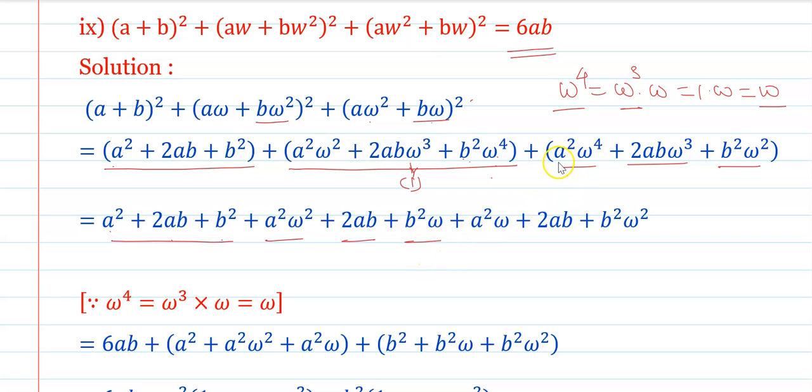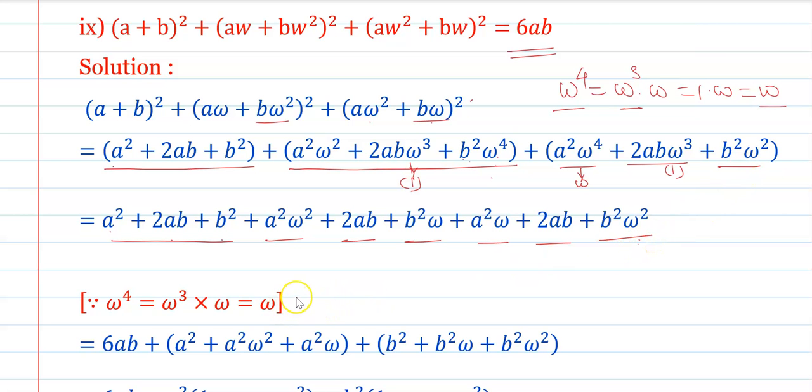Okay, next again a square omega raised to 4, this omega raised to 4 is nothing but omega, and therefore a square omega. Omega raised to 3 is 1, omega square keep it as it is. Okay, therefore plus 2ab plus b square omega square.